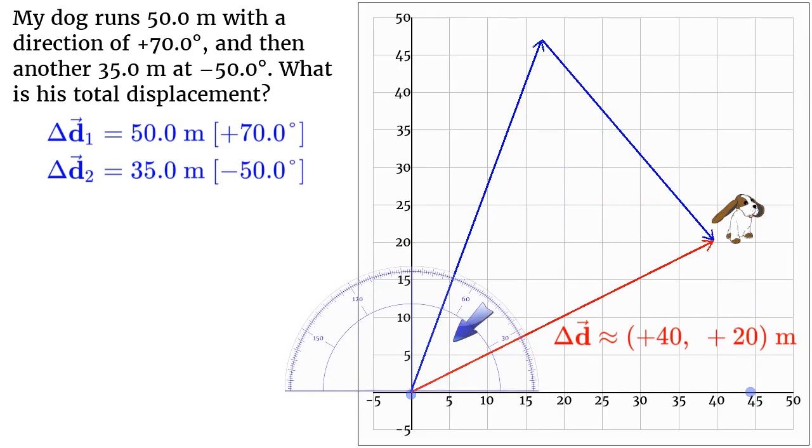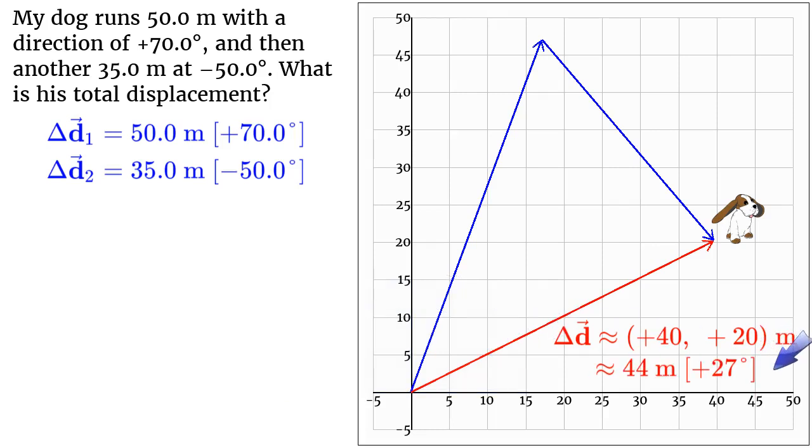And again, using our protractor, we'll line it up at the origin, which is where the tail of the vector is, and we can see that the direction is approximately 27 degrees. So in polar form, the total displacement is approximately 44 meters with a direction of positive 27 degrees.